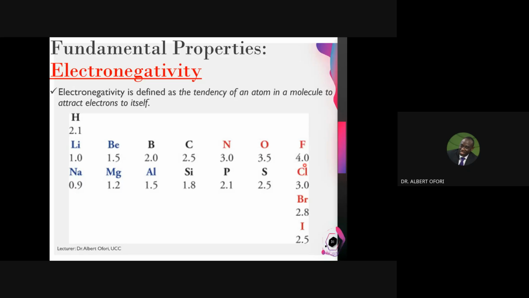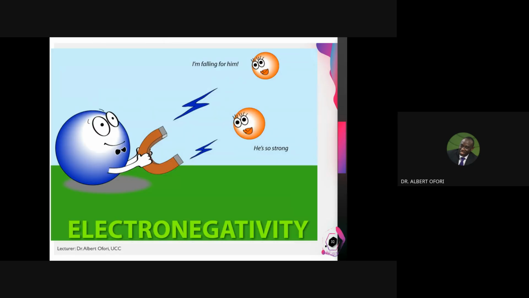So we have values calculated for the electronegativity, but electronegativity basically is the tendency for an element to draw electrons to itself. The energy evolved when you draw electrons is the electron affinity. But the electronegativity is the ability to draw electrons to itself.